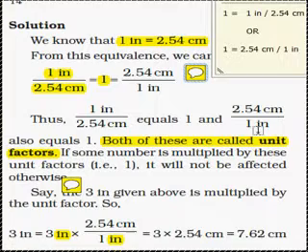That is the unit factor. Now here the inch is cancelled, cancel the units. Centimeter is left out, write down the centimeter and multiply 2.54 into 3. It will convert 3 inch into centimeter, that is 7.62 centimeter.